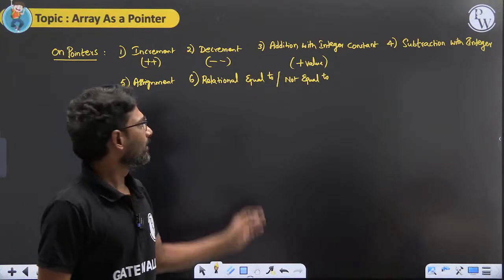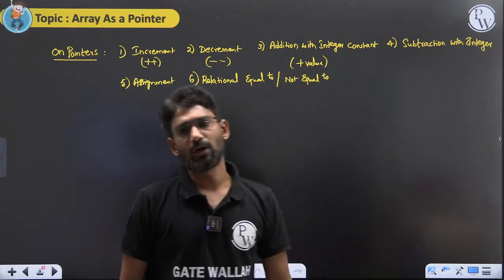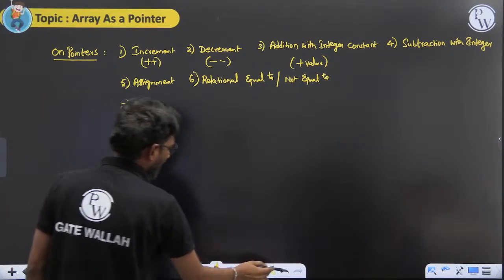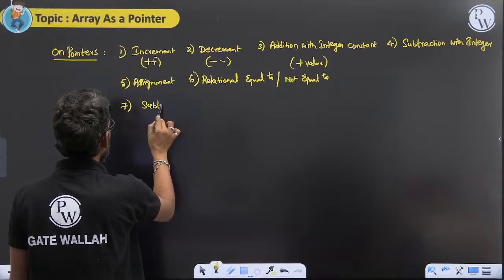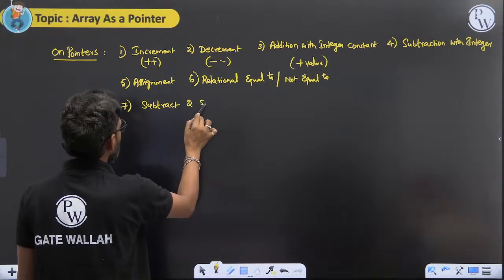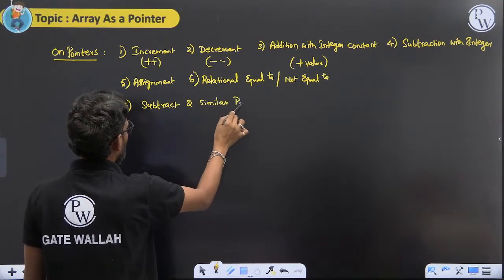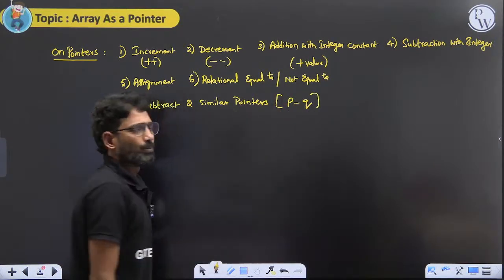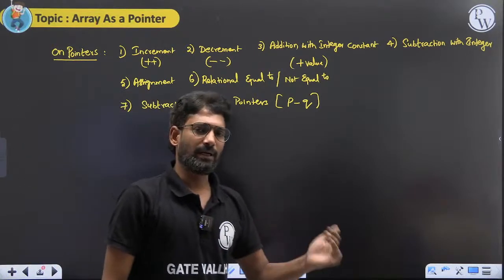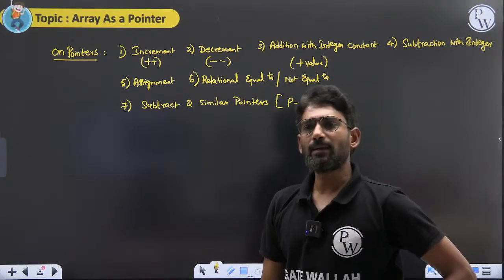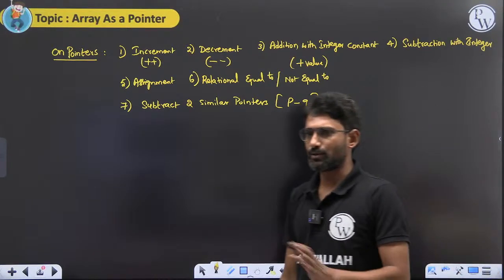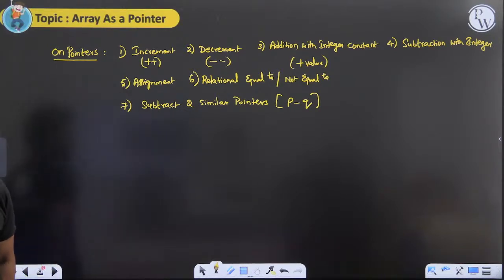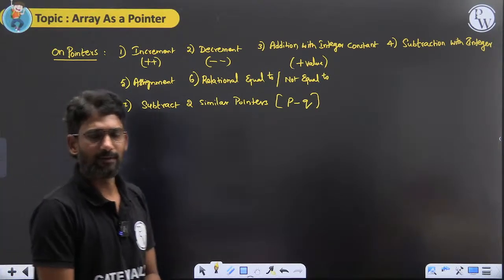Yes, we will be able to do relational equal to or not equal to, and we can also subtract two similar pointers. If P and Q both are pointers of same type, it is valid to do P minus Q, but addition we will not do. Addition of similar pointers we will not be able to do, but subtraction, yes, we will be doing.